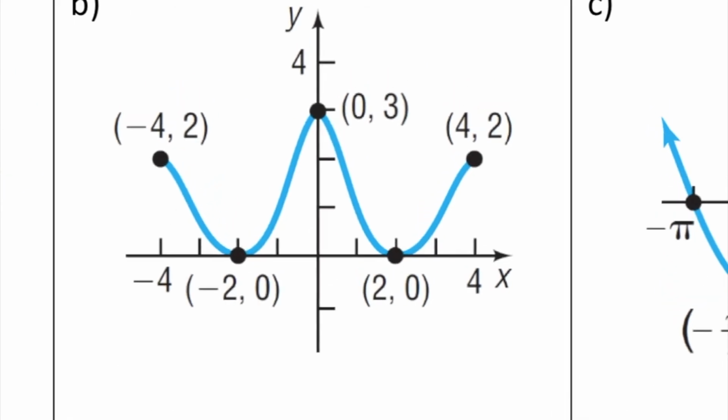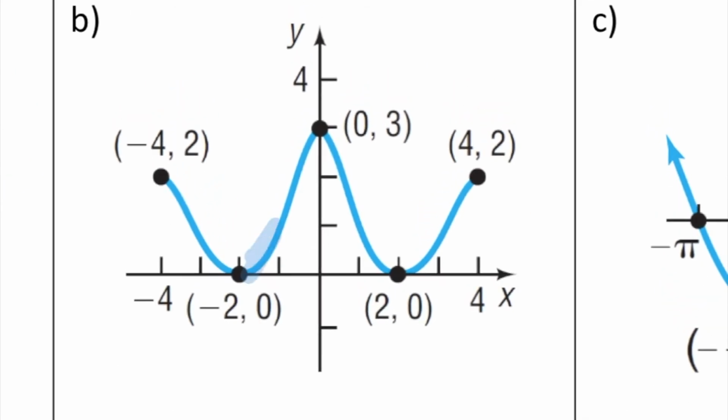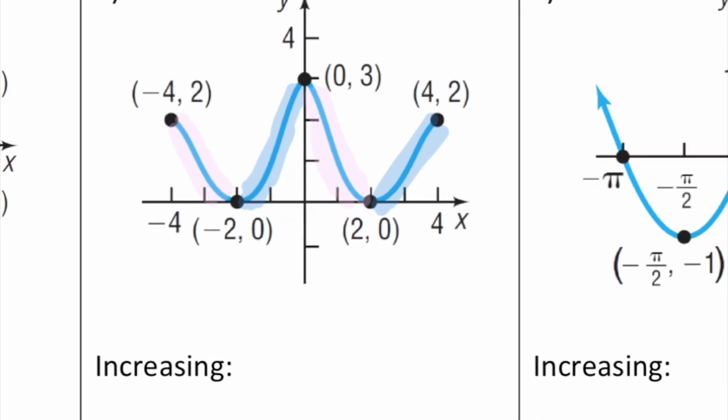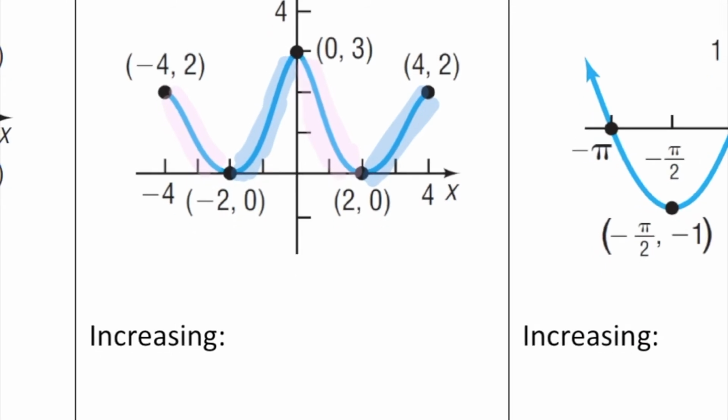In letter B, I see increasing here and here. I see decreasing here, and I see no constant intervals. For my increasing, remember that my x values are going to be the numbers that I use to represent them.